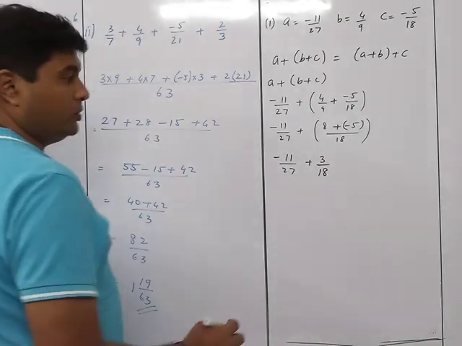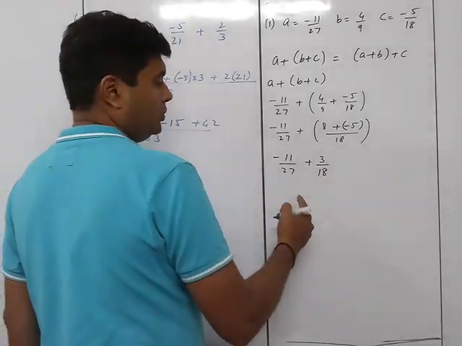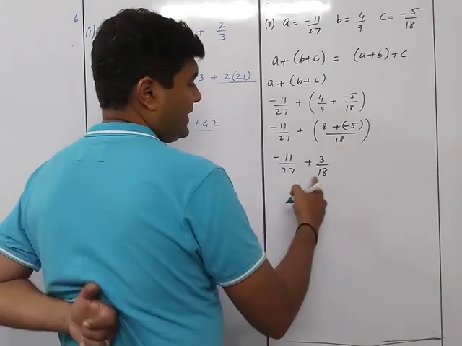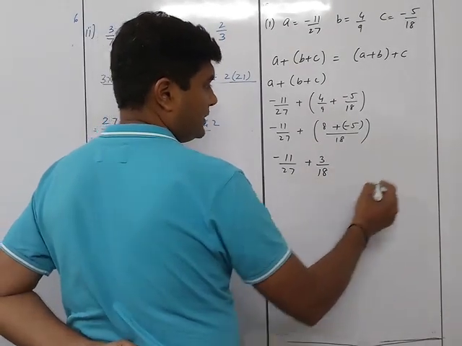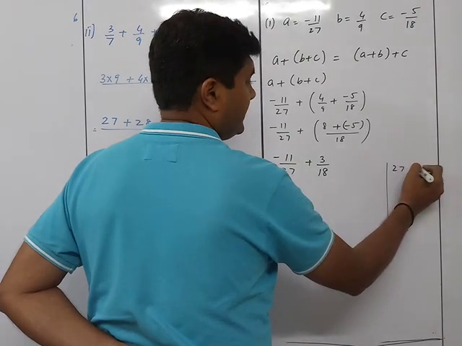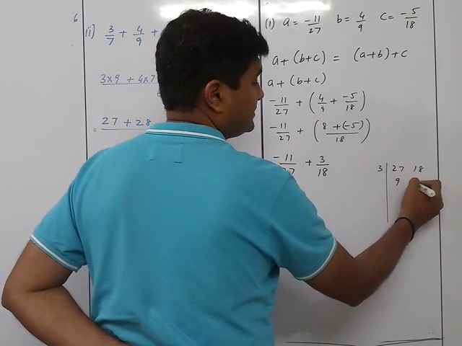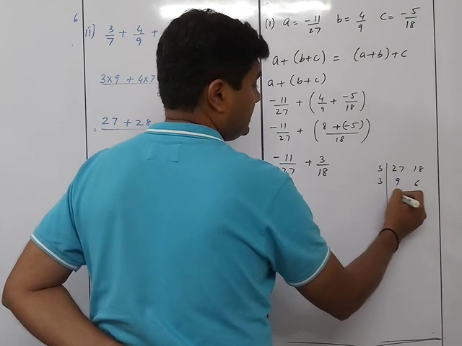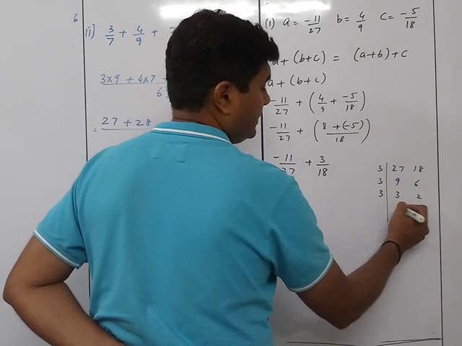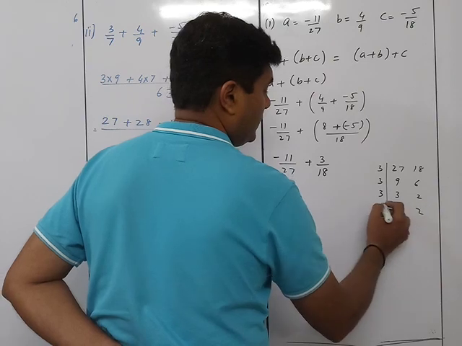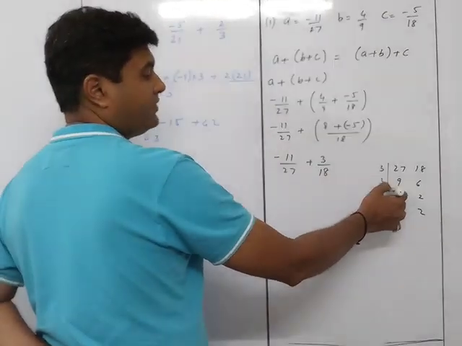You can take the LCM of these two. 27 and 18: dividing by 3, it will be 9 and 6. Again by 3, it will be 3 and 2. Then by 3, 1 and 2, and then 2. So 3 times 3 times 3 times 2 is 54.